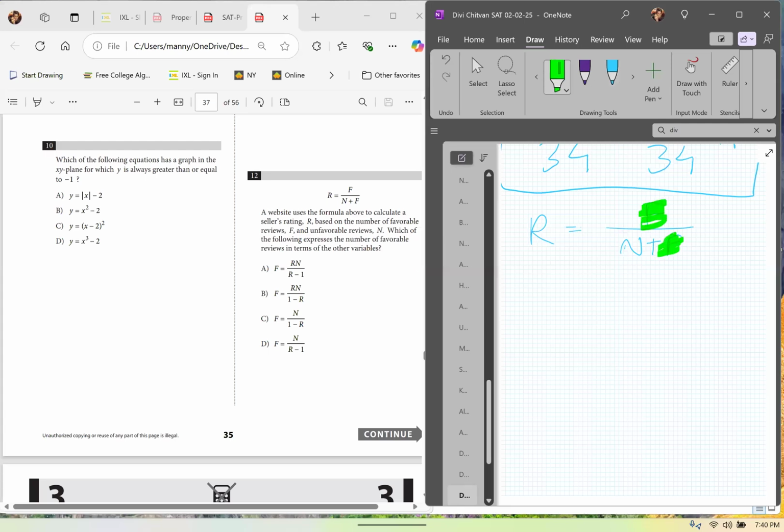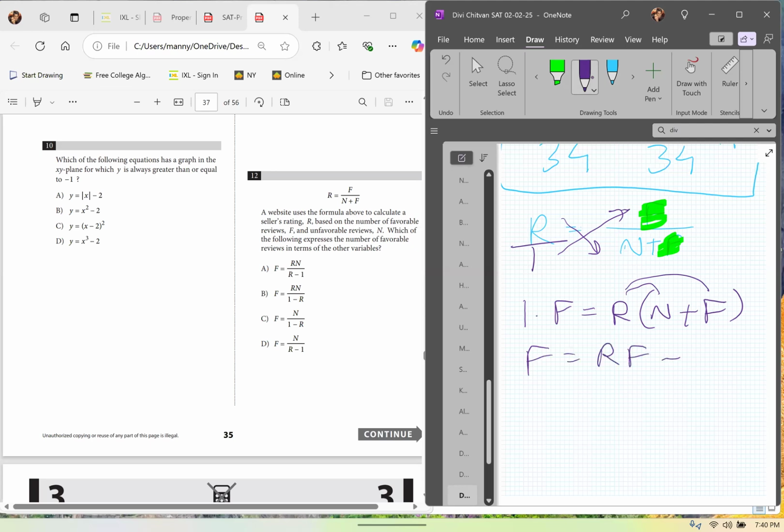What we can do is write a 1 underneath this, and you can cross multiply. So 1 times F must be R times N plus F. Then you can distribute this. So you have F equals RF plus RN.